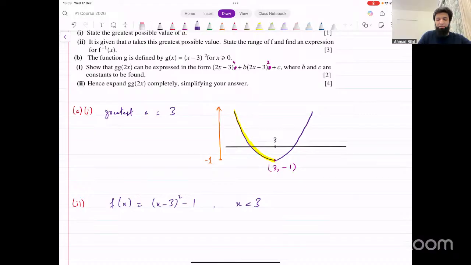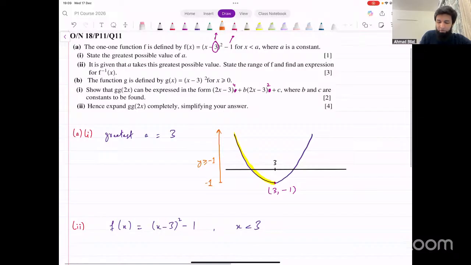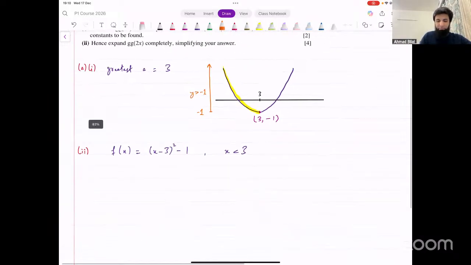So what's the range going to be? The range of the function is going to be anything that's greater than -1. Not equal to -1, because you see the turning point is not included here in the domain, so we don't put an equal to sign. It's just y greater than -1. That's what you write there.